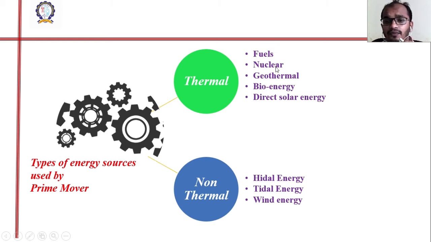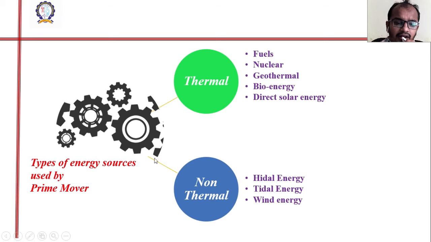If there is a nuclear aspect, we can talk about the nuclear power plant, where we use radioactive materials to produce energy. Then there are geothermal power plants, bioenergy, and direct solar energy.